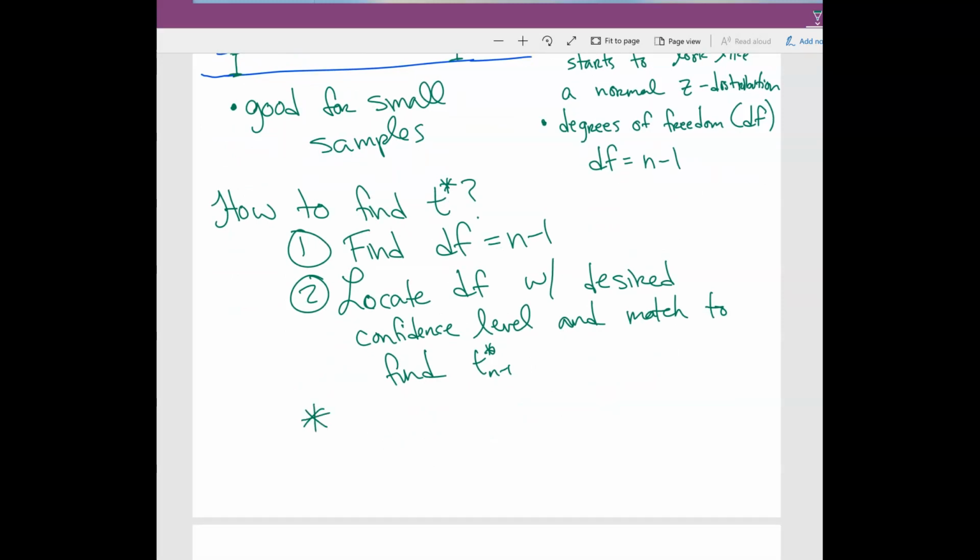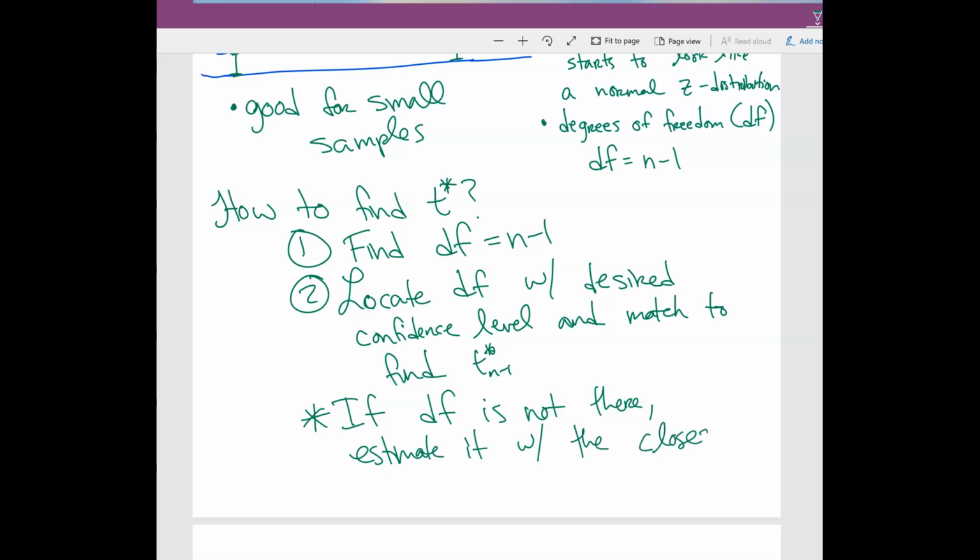A note: if df is not there, estimate it with the closest value. I'll explain what that means.